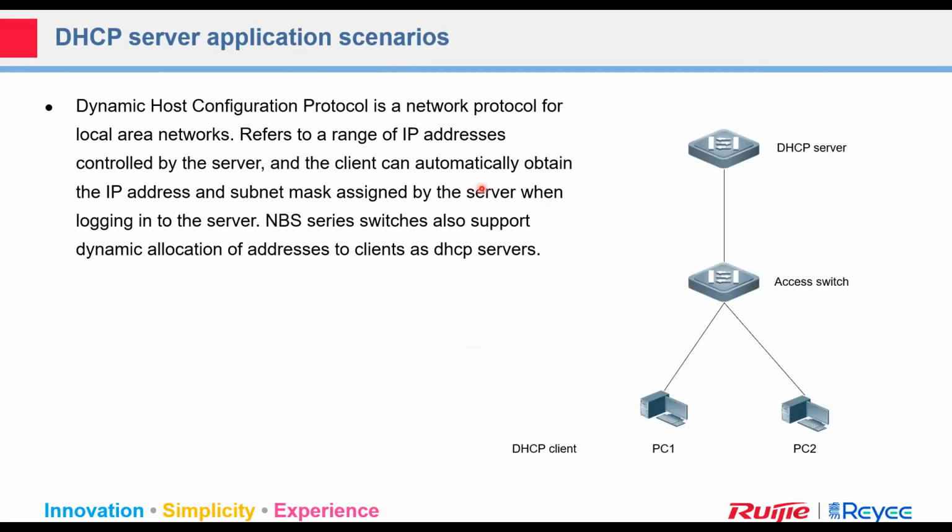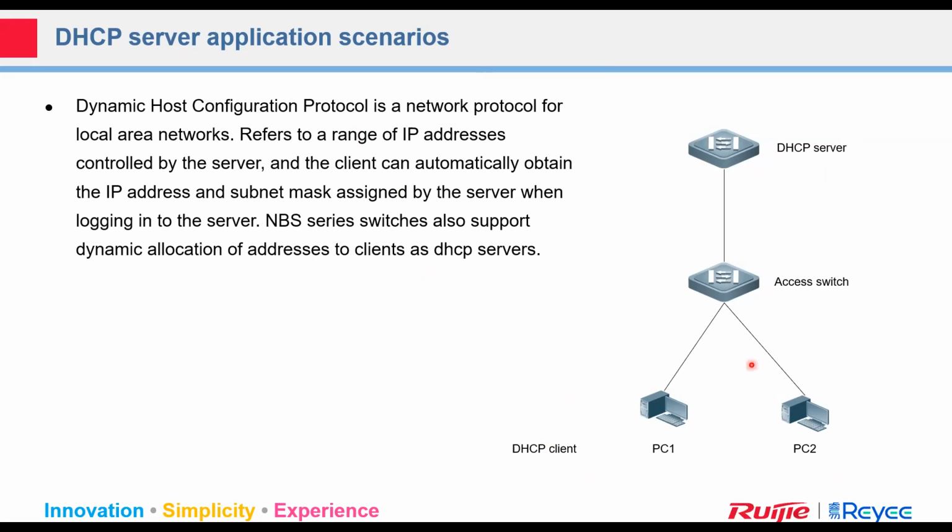So the next feature is the DHCP server application. DHCP stands for Dynamic Host Configuration Protocol, which is a network protocol for LAN. It refers to a certain IP range which is controlled by the server.